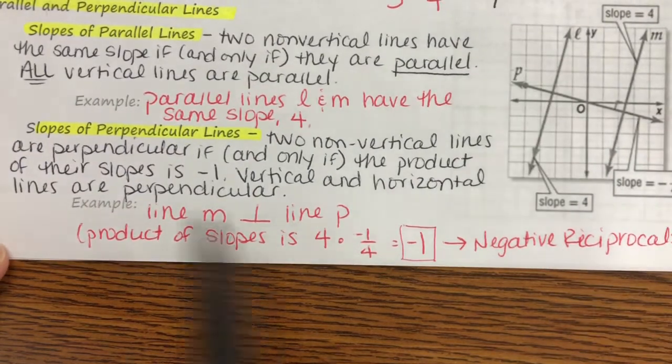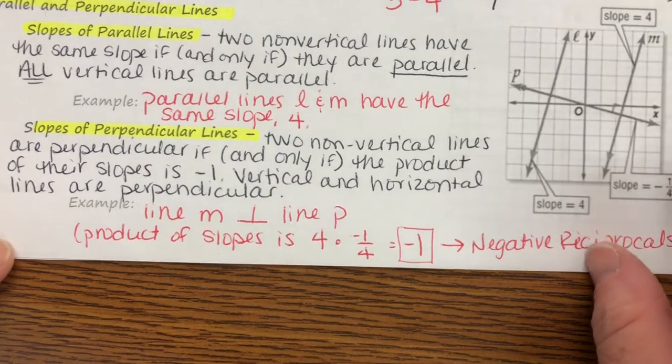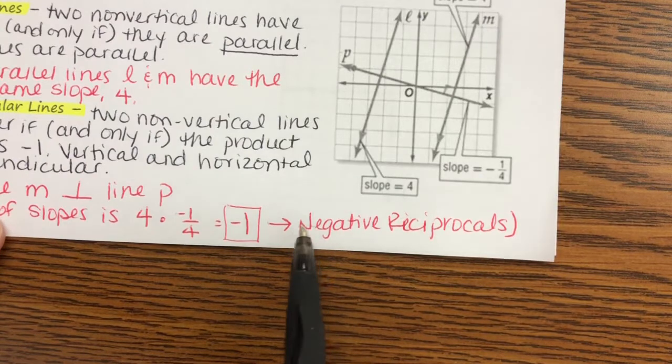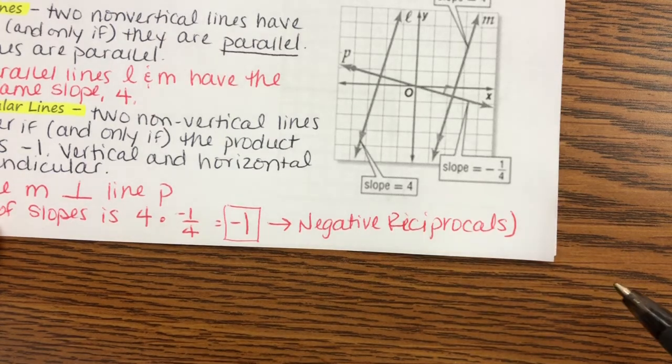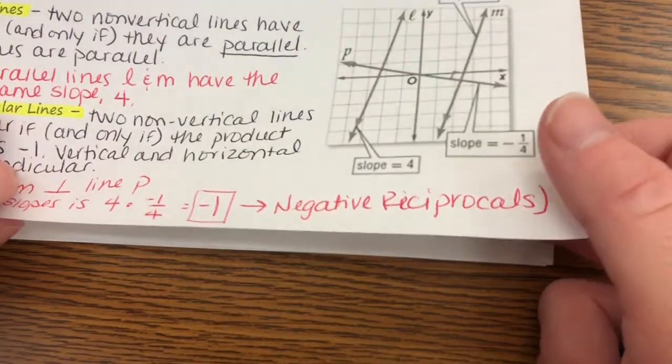Opposite slopes are perpendicular. When you multiply opposite slopes together, you'll always get a negative 1. That's another way to check it. The easiest way for me to remember is negative reciprocals. Flip one of the fractions upside down, change the sign in front. If it's negative, make it positive. If it's positive, make it negative. And that gives you your perpendicular line slope.